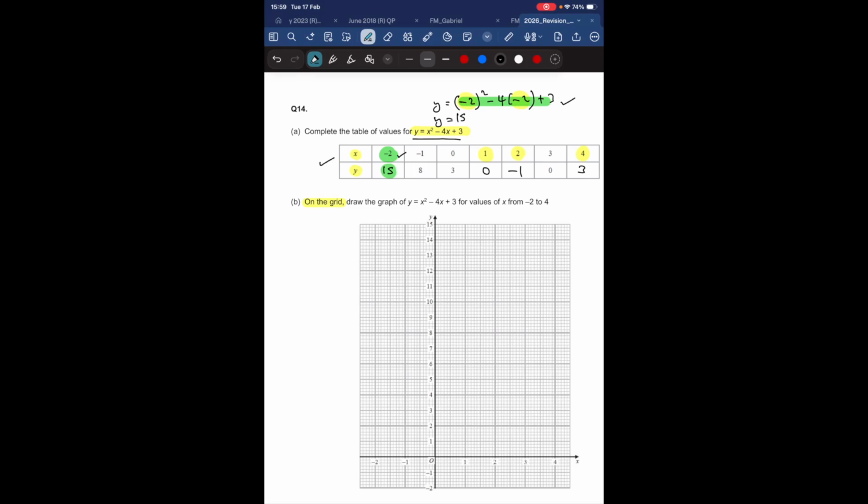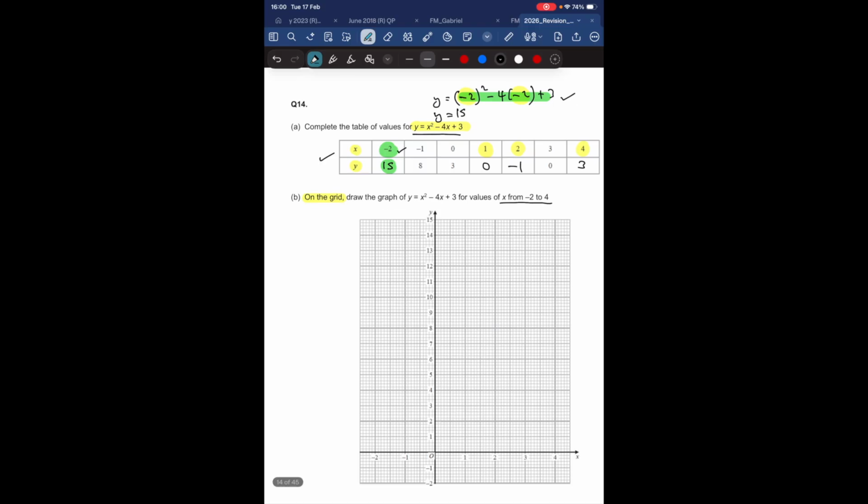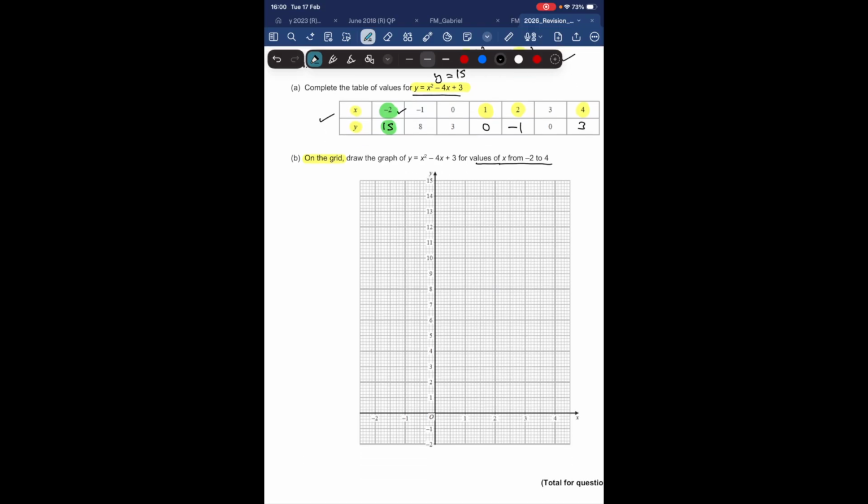Once we've got the table filled in, the next point is to plot these points on the graph paper below. Don't get put off by this statement where it says values of x from minus 2 to 4. It's just referring to the range of values on the x-axis. You're going from minus 2 all the way to 4.